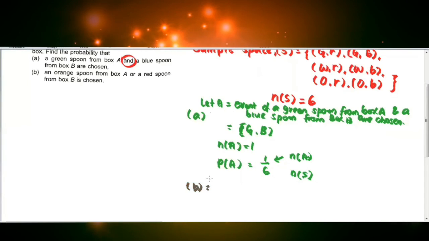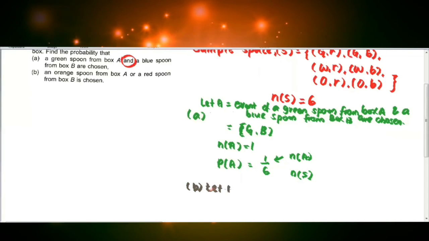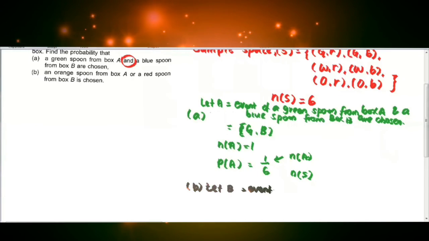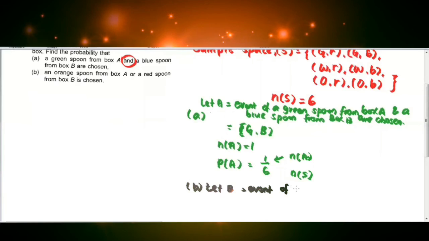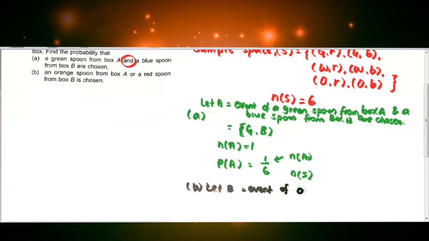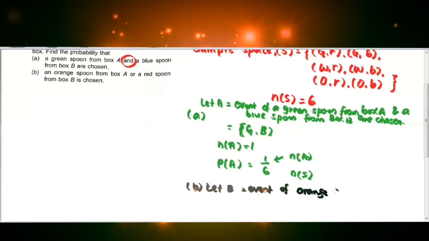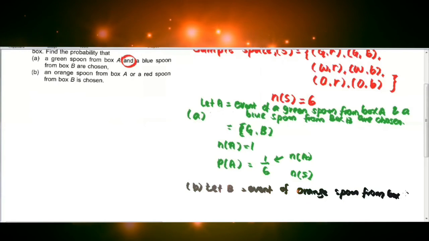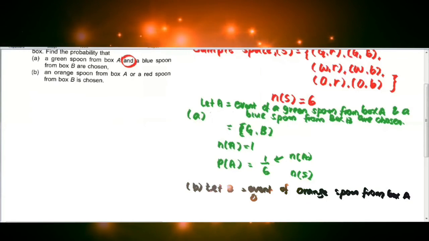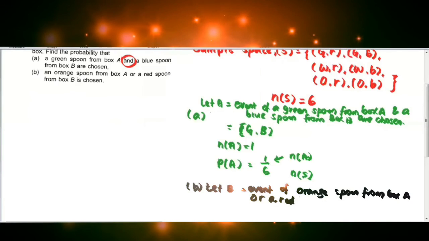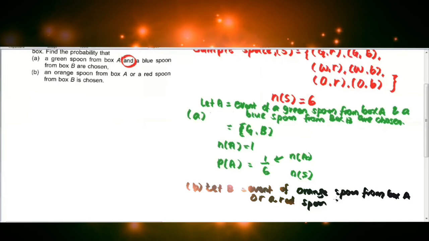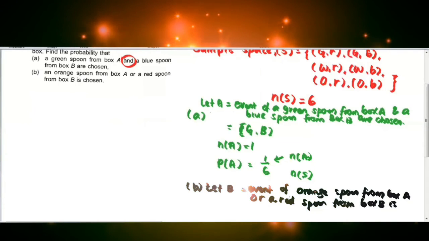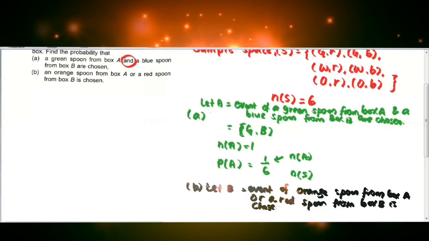And then the next question, B. Same also. Let B be the event of getting an orange spoon from box A or a red spoon from box B is chosen.